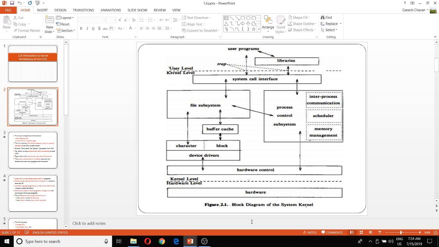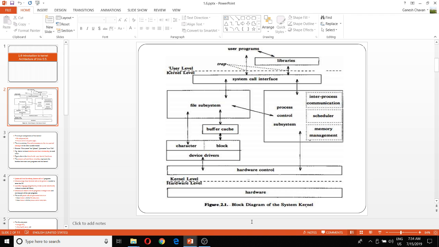Particularly, block devices are accessed through the buffer cache by the file system, while character devices are worked upon or associated directly by the file subsystem.